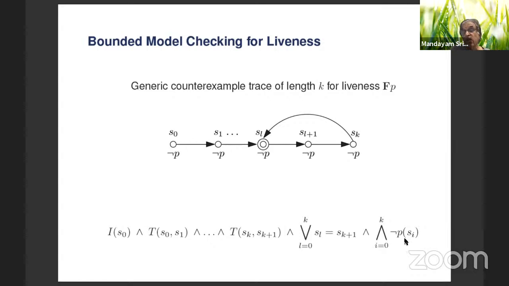So you can reuse a lot of the effort, such as conflict clauses, expended in checking the absence of counterexamples of length k, when checking one more unwinding of the transition.